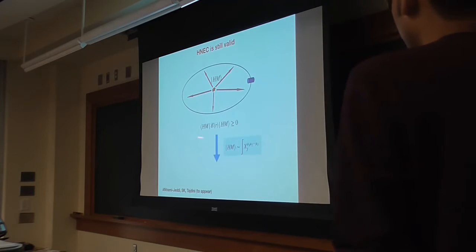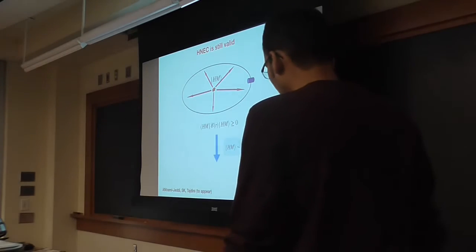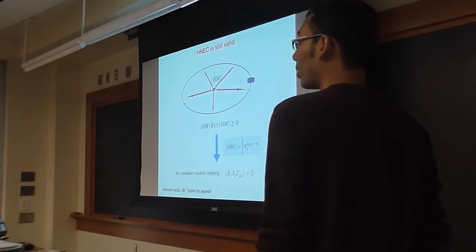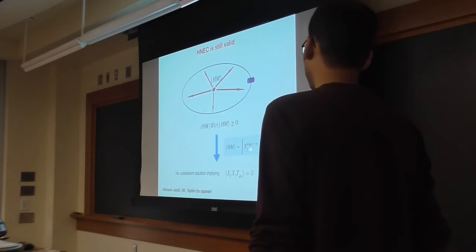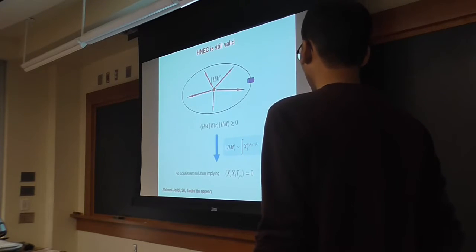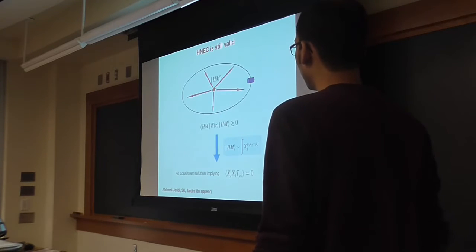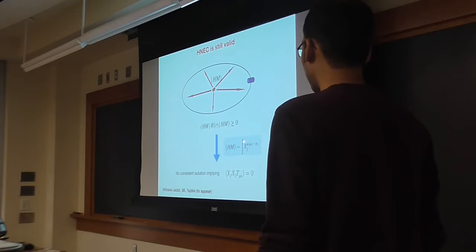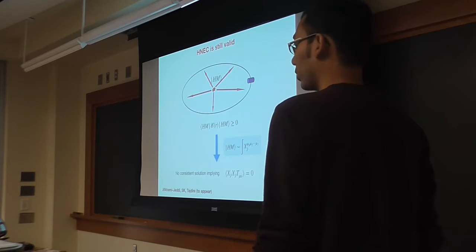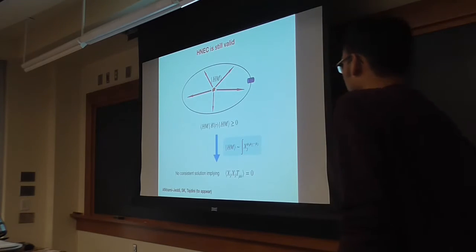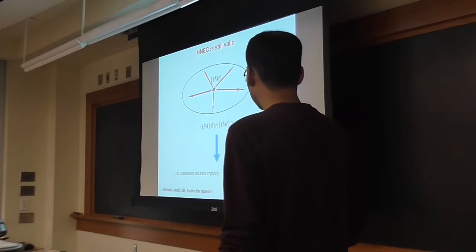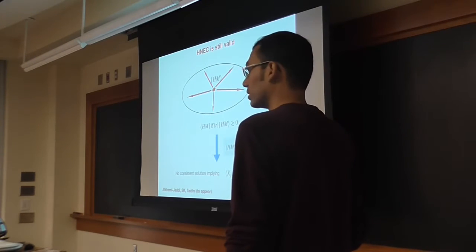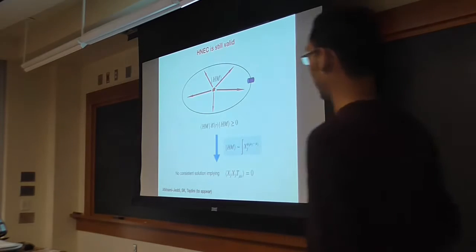As I said earlier, this expression should be positive, and you can actually show that there are no consistent solutions. You can choose different polarizations for this particular operator. If you want to satisfy this for all possible polarizations of this operator, there are no solutions, which means this 3-point function has to vanish.